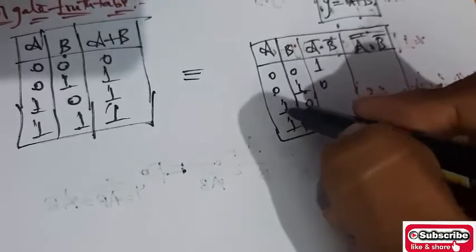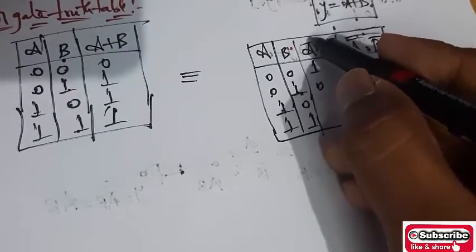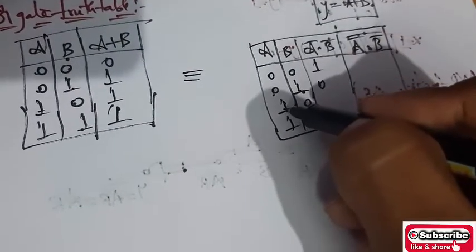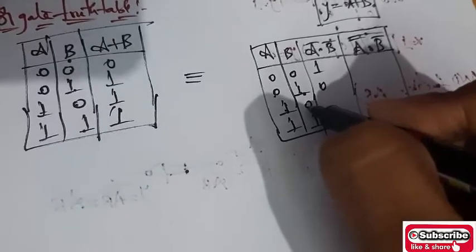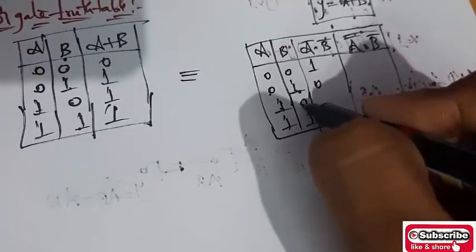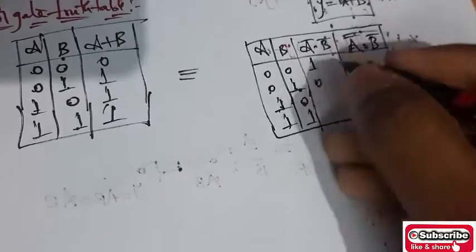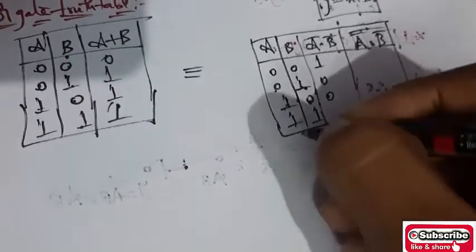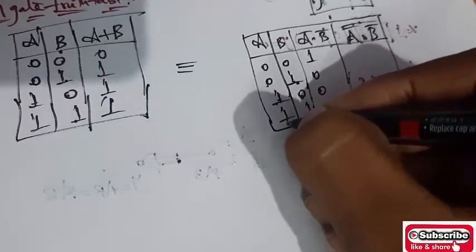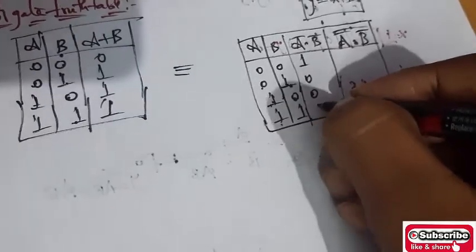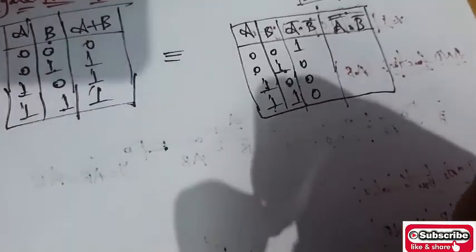Here A will be the 1, we want A bar. That means 1 will become the 0, 0 will become the 1. Here we will get the 0 into 1, we will get the 0. Here 0 into 0, we will get the 0. Right?